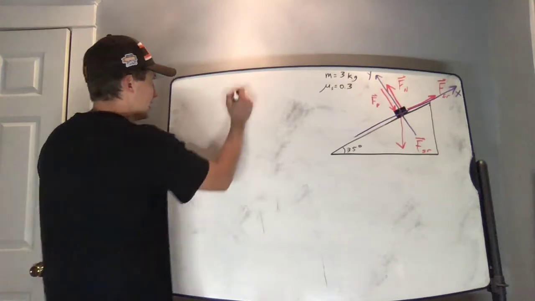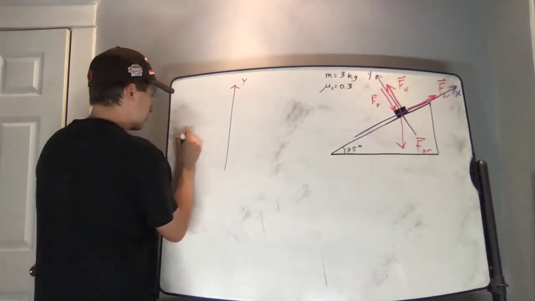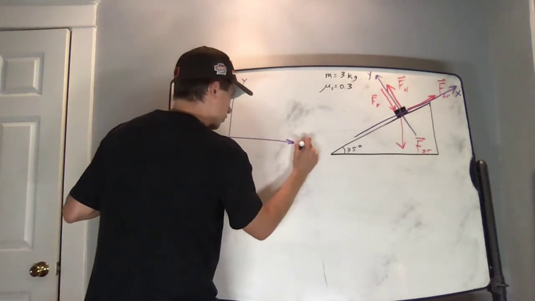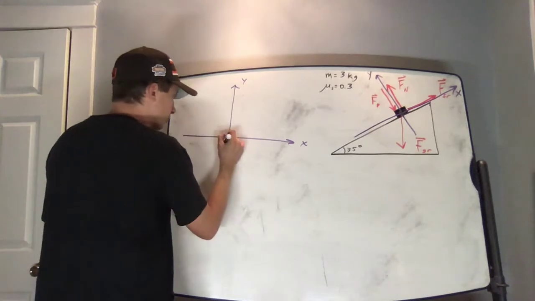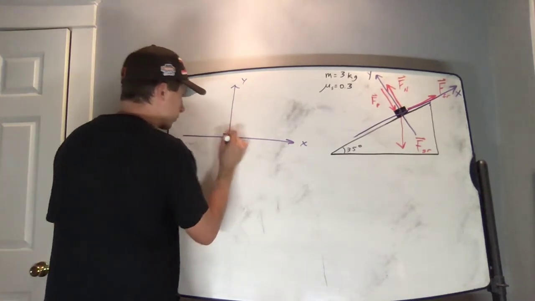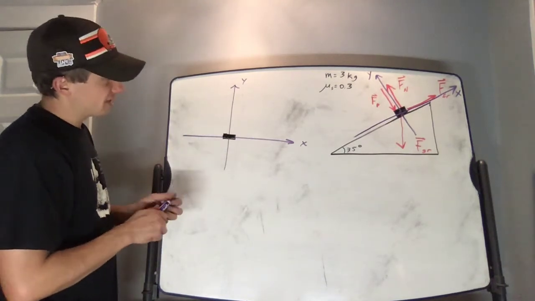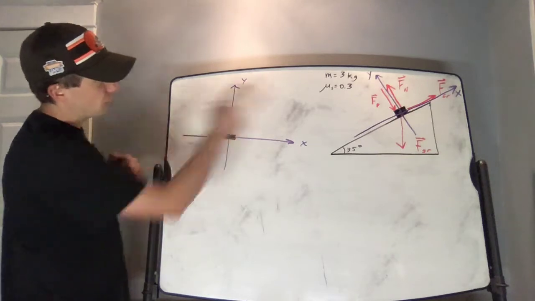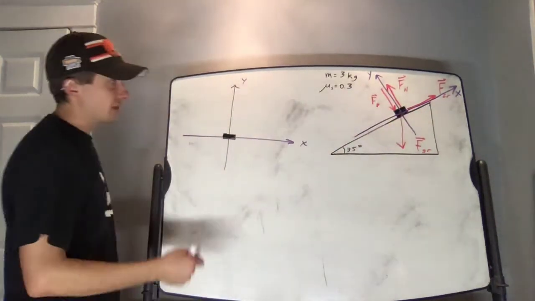So here is my y-axis, and here is the x-axis of my coordinate system. I have the crate I will place at the origin. So here's the crate. It does not need to be very big in this picture. And I have four forces acting on the crate. The force of friction looks like it's entirely in the positive x direction.